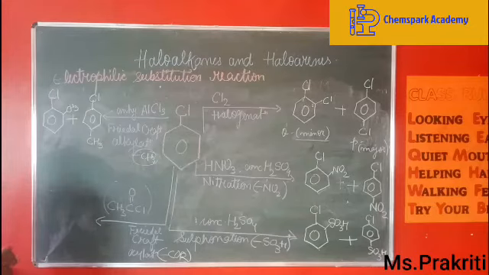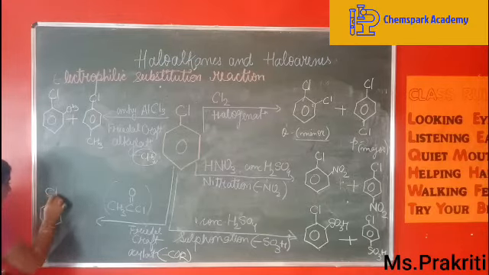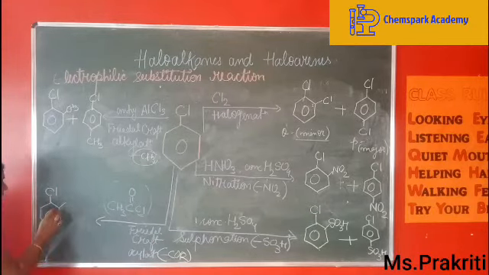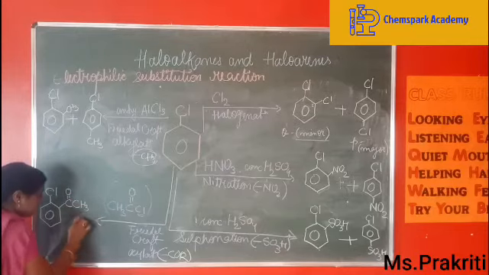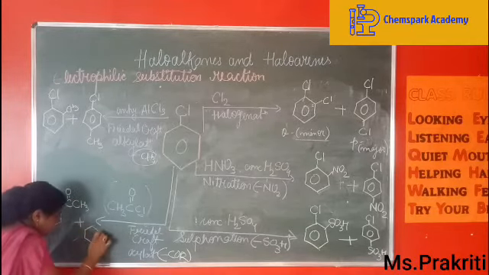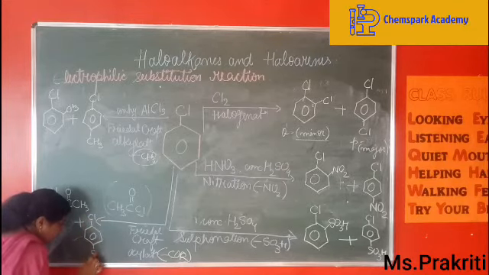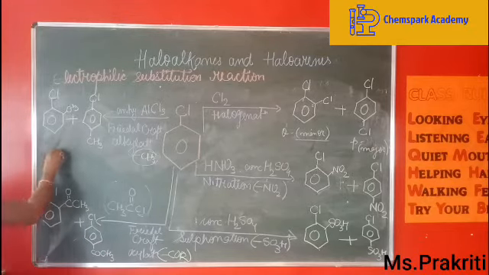Okay. So now the products which will be formed are ortho substituted, that is this Cl will go along with the hydrogen of this position and this will be COCH3, plus we will have the para product with COCH3.